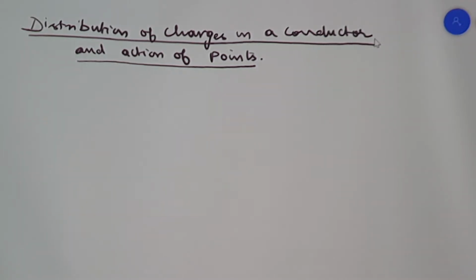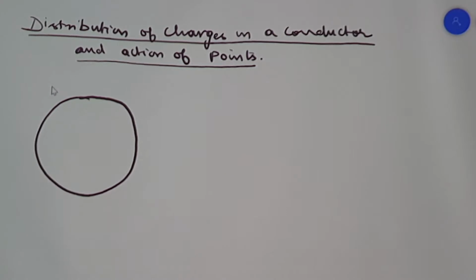In order to study this, let us consider two spherical bodies. I am considering one spherical body, and let the radius of this spherical body be R1.